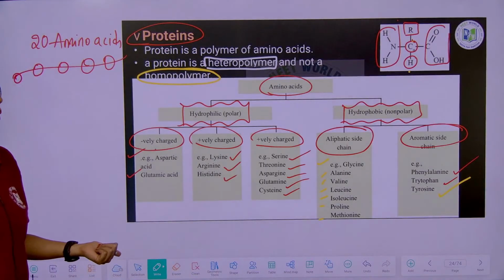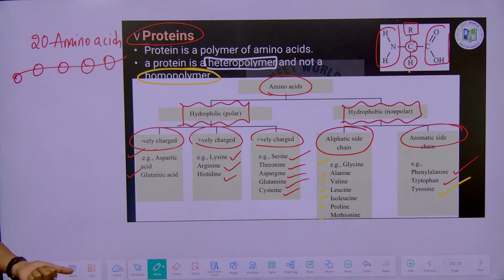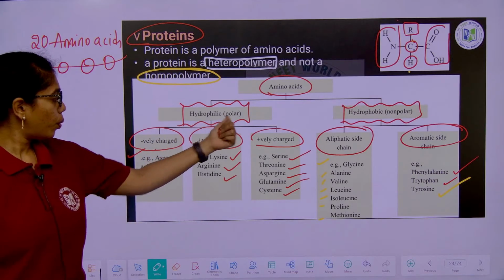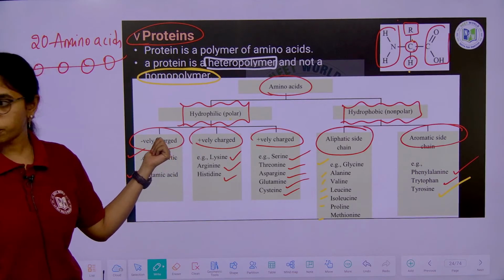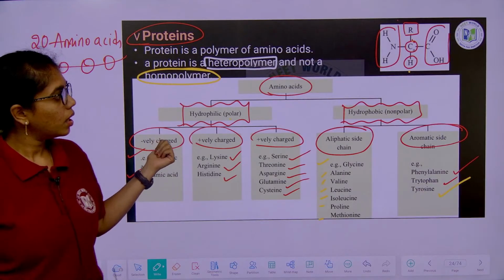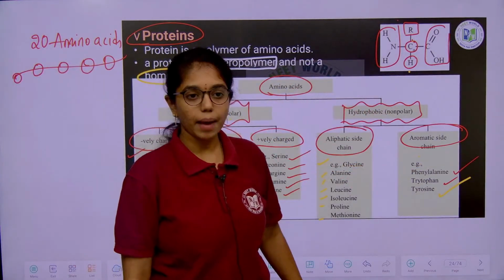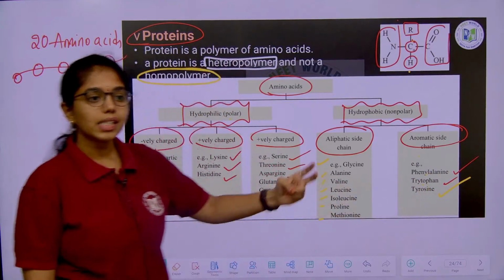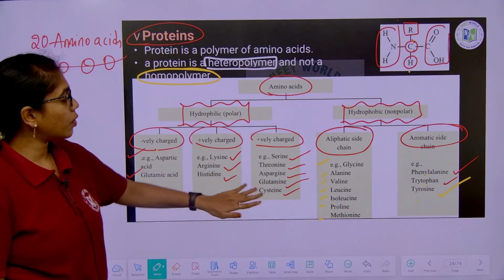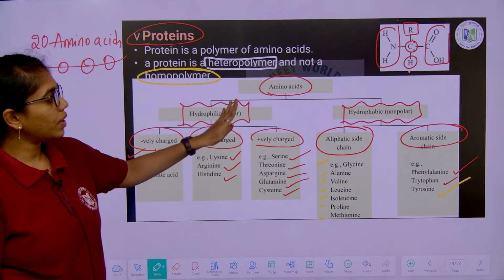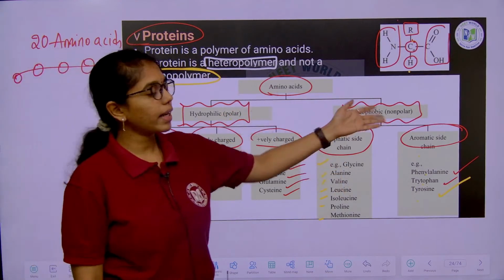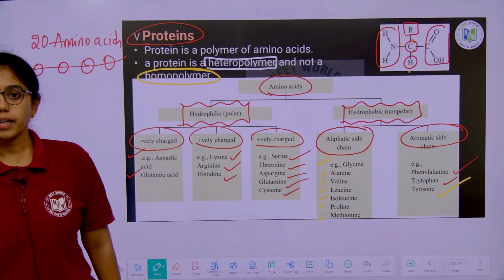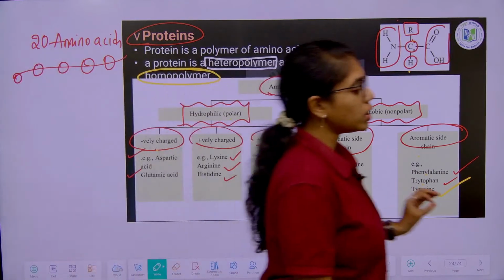This chart should be with all. So just now, even in a single glance, you can remember polar negatively charged aspartic acid and glutamic acid. Non-polar aromatic amino acids include phenylalanine, tryptophan and tyrosine. The second or third time you look at this flowchart, you will be thorough with positively charged polar and aliphatic non-polar amino acids as well, right? Clear? Just go through this chart for a minute.